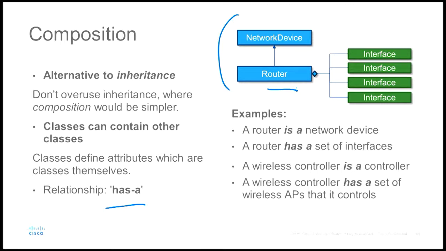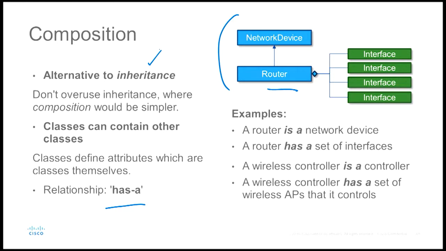In fact, it has a number of interfaces. We might be tempted to say, hey, I want to use inheritance to accomplish this, but that would be wrong because an interface is not a type of router. It is actually a component that is part of the router that's held by that router. So this is an alternative to inheritance.